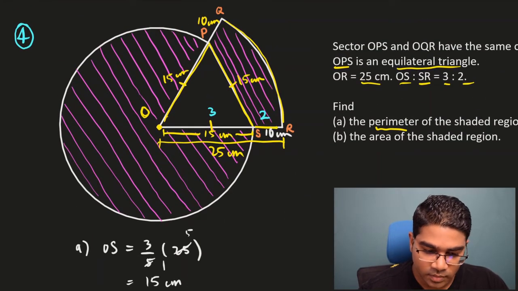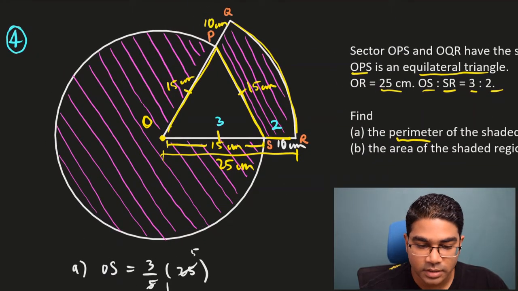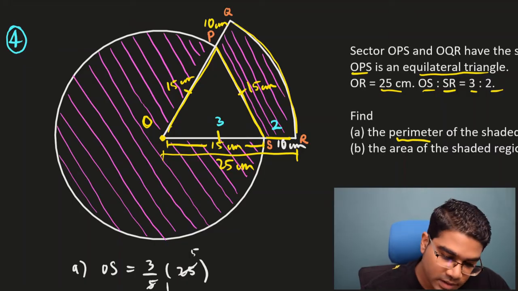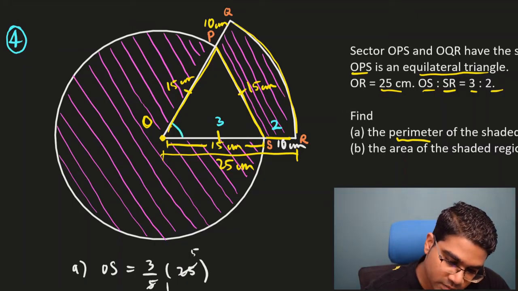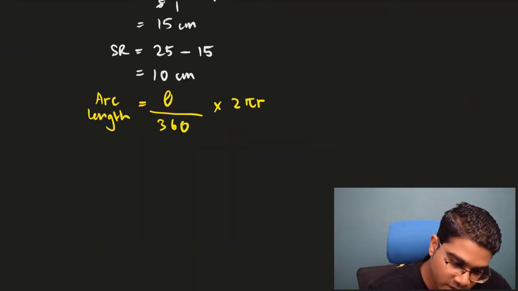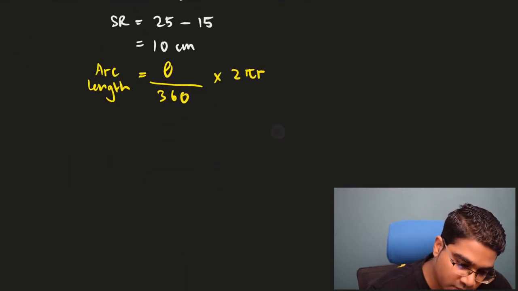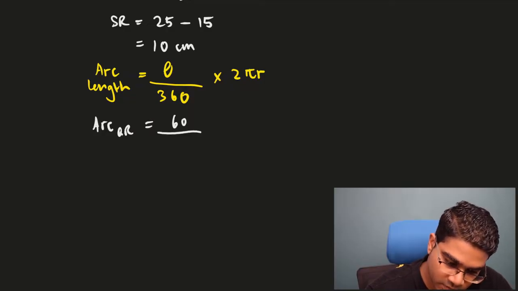So let's just apply this here. Once again, we have to use the fact that this is an equilateral triangle. If it is an equilateral triangle, then all the internal angles will be 60 degrees. So we have 60 degrees here as well. This is what we substitute inside the formula. Arc QR is equal to 60 over 360 multiplied by 2 pi.